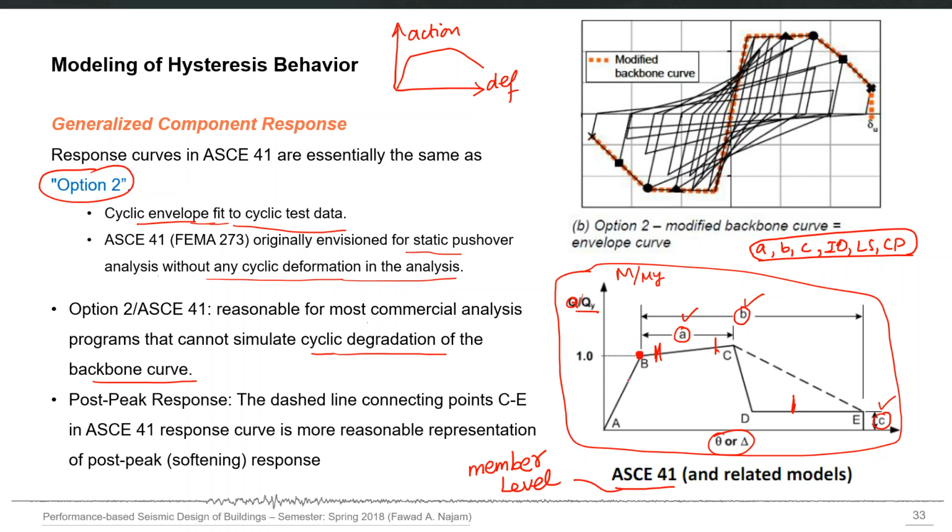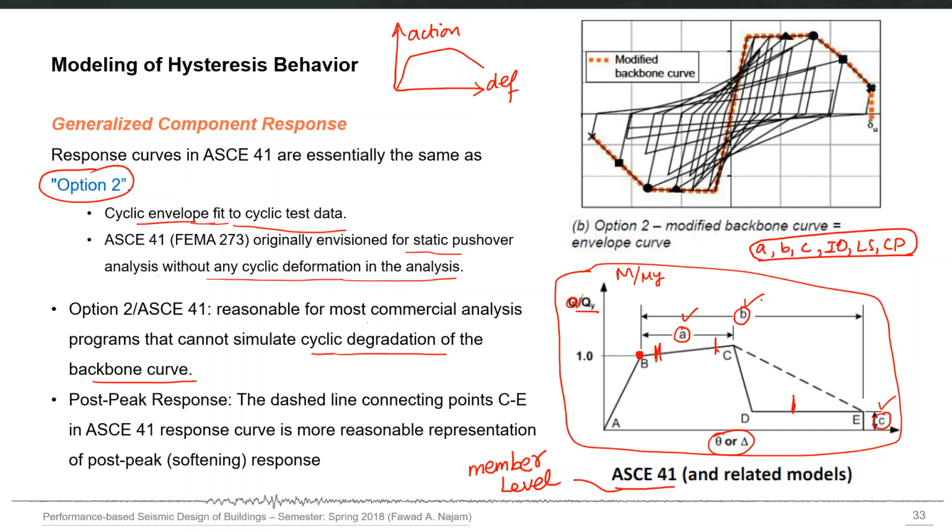And obviously you can guess by now that these modeling parameters, because this action deformation curve is representing the capacity of your beam or column, must be a function of the cross-sectional geometry, amount of reinforcement and material properties, for example.